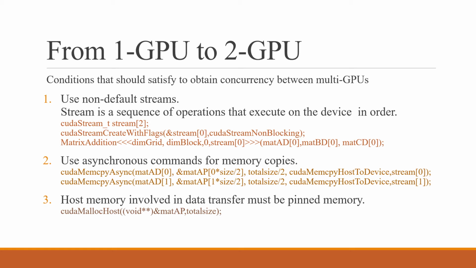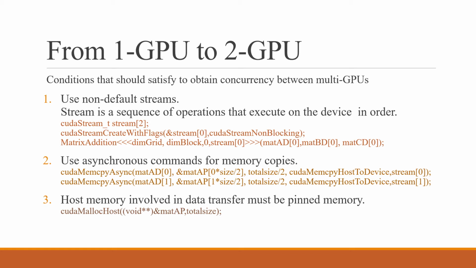So cudaStream_t, the first line in orange color, will create two streams, and for creation I use cudaStreamCreateWithFlags, and inside the parentheses use cudaStreamNonBlocking, which is the keyword for asynchronous behavior.